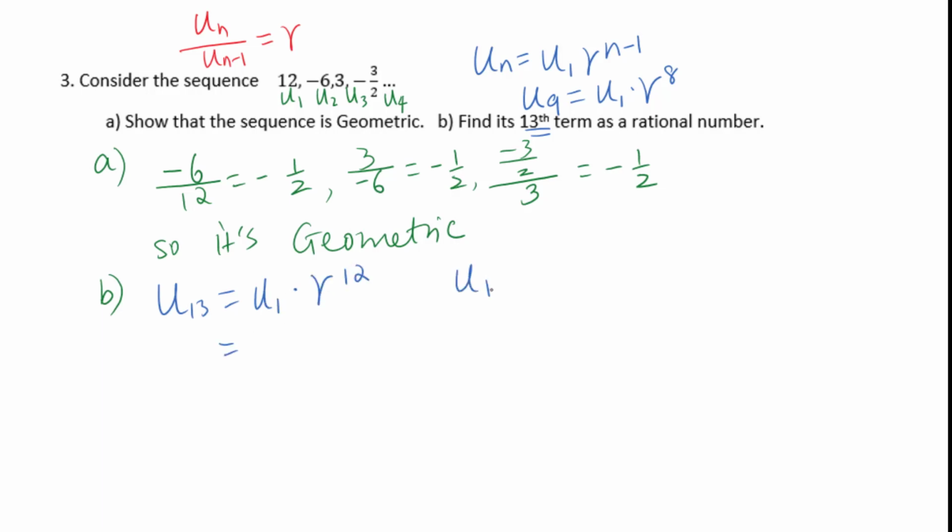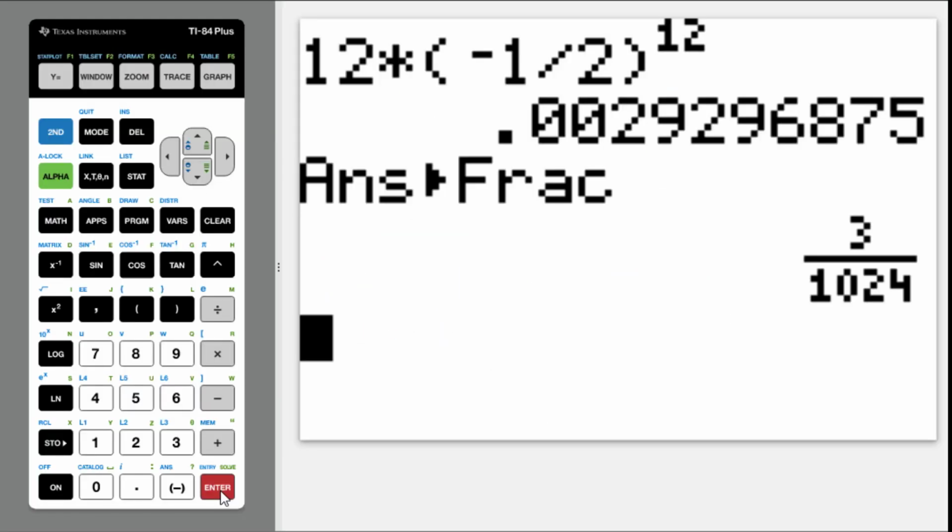We know u₁ equals 12, r equals negative 1 over 2. So we plug in 12 times negative 1 over 2 to the 12th power equals 3 over 1024.